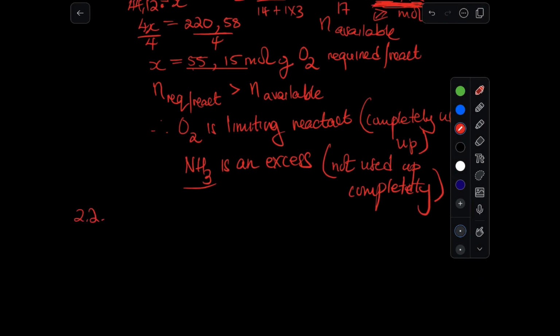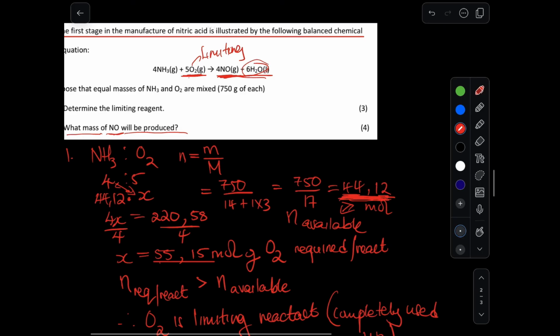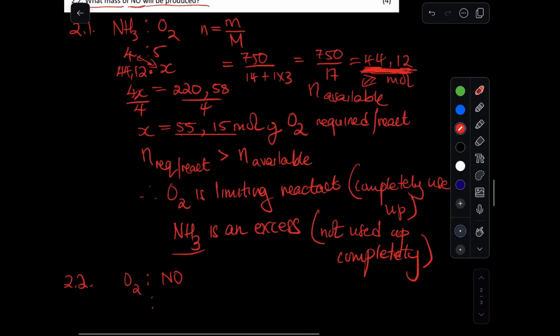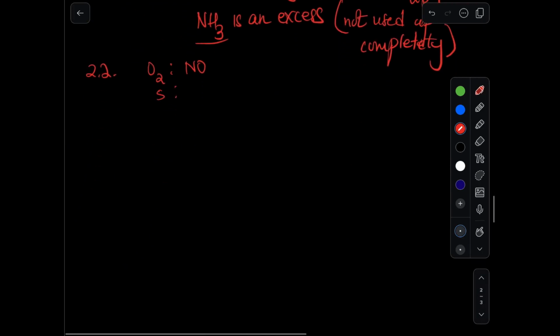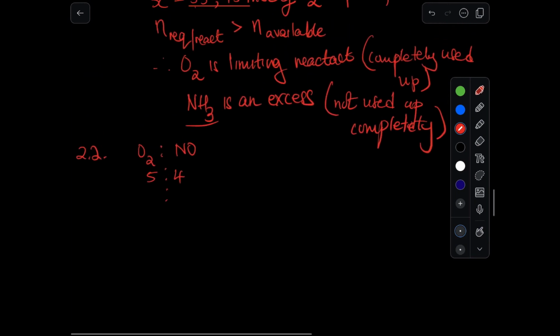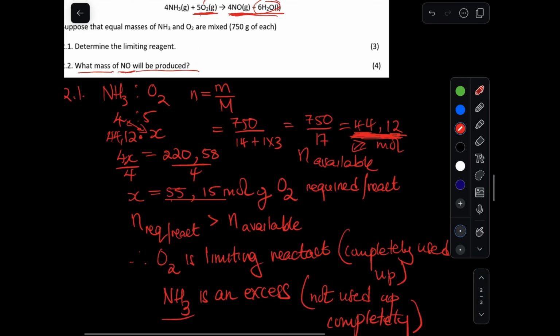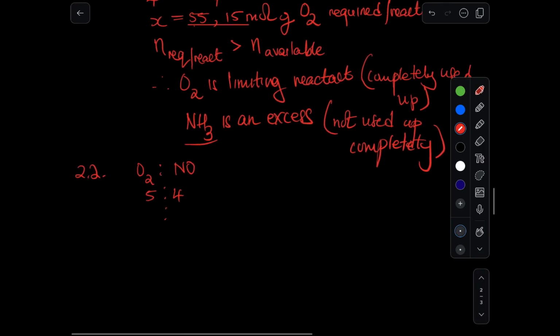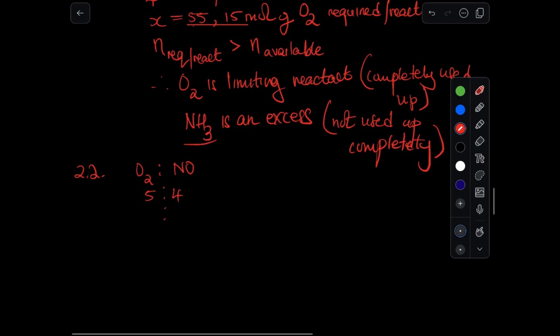So 2.2, we'll say oxygen is to nitrogen oxide. What is the ratio between them? It's 5:4. And what was the number of moles available for the oxygen? It was 44,12. Remember that 750 we converted into number of moles.